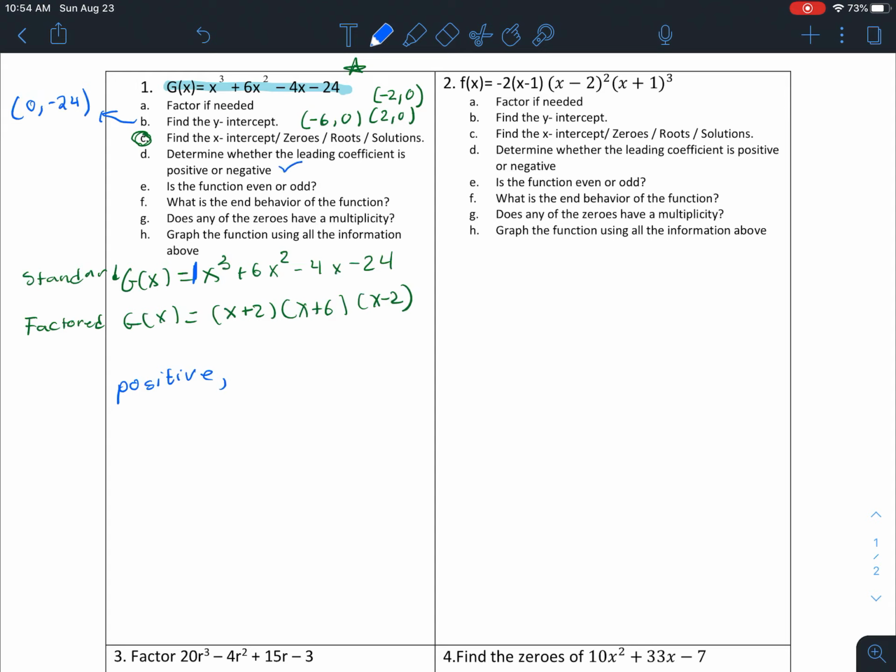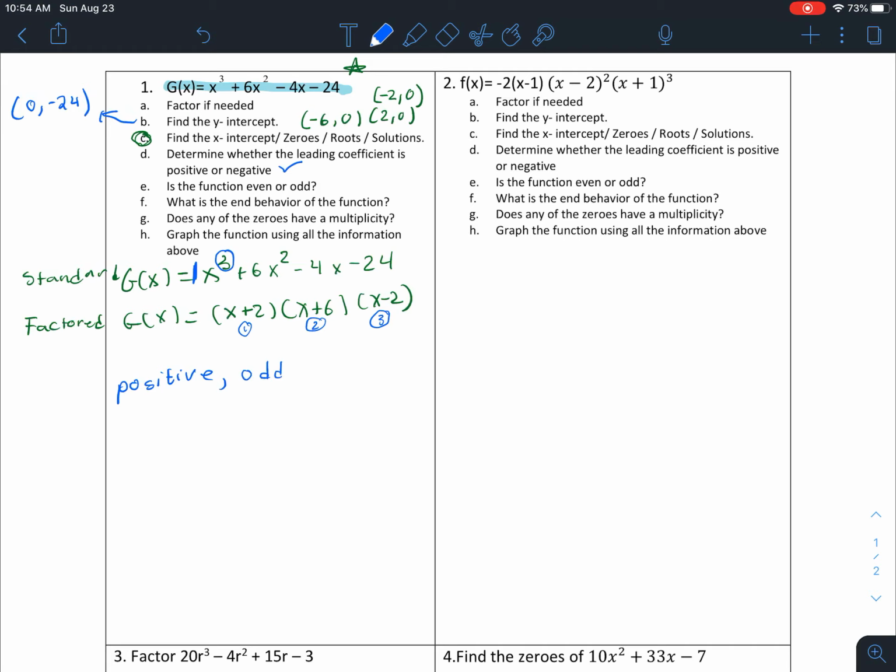Letter E says, is the function even or odd? So I would look at my highest degree, which is a 3. So I know this is odd. And if you were looking at it in factored form, you would count how many factors you had. So 1, 2, 3. And now, if you remember in class, we had a chart that kind of tells you the behaviors based on whether the leading coefficient is positive or negative, or odd and even.